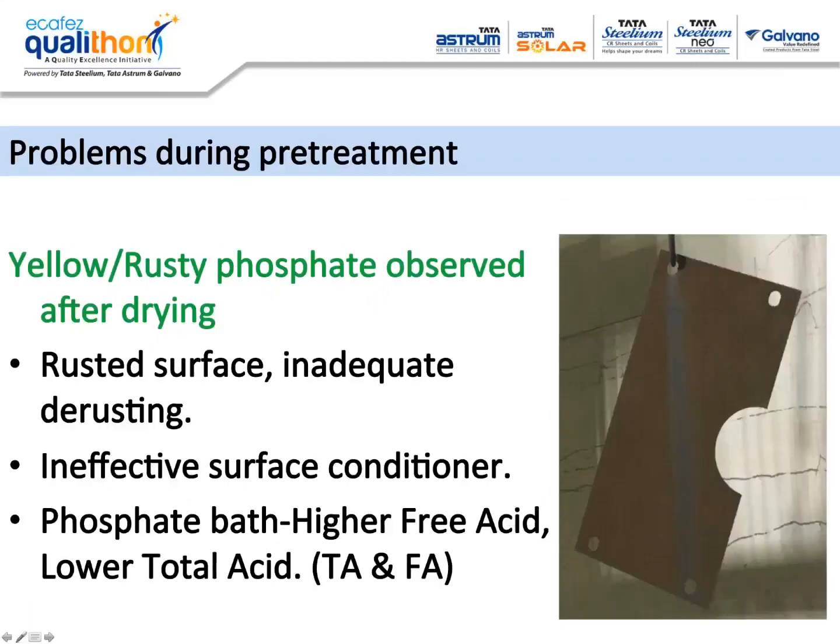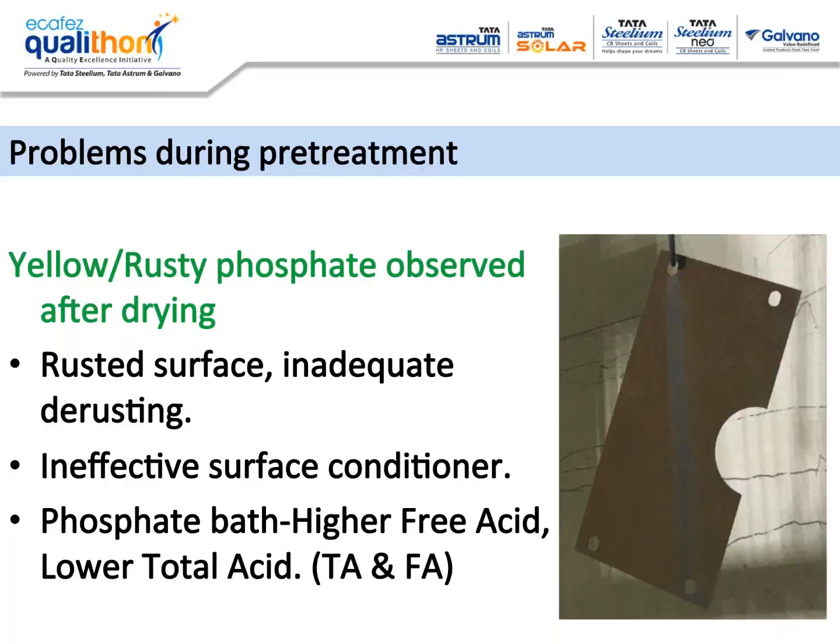Problem during pre-treatment, yellow or rusty phosphate observed. Now, in this photograph, you can see that sometimes the water lingers on the job for a longer time and doesn't dry immediately. So some kind of tarnish, what we call flash rust, can happen on that. Sometimes the job itself is rusted previously and de-rusting is not adequate, then it can happen.